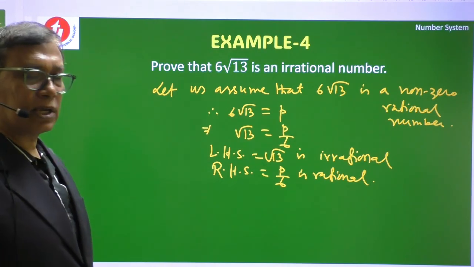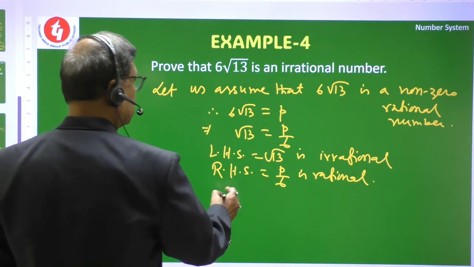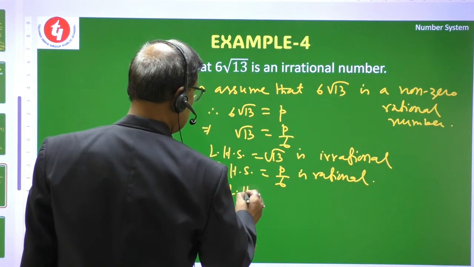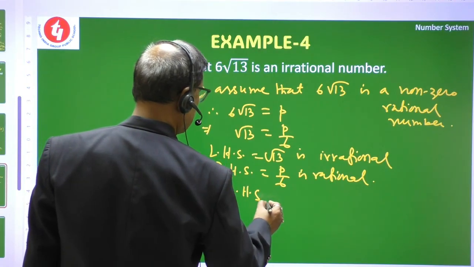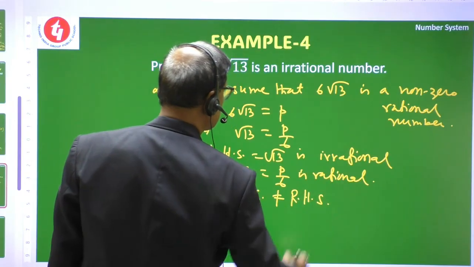So p upon 6 is also rational. So here also LHS not equals to RHS. Is it clear?